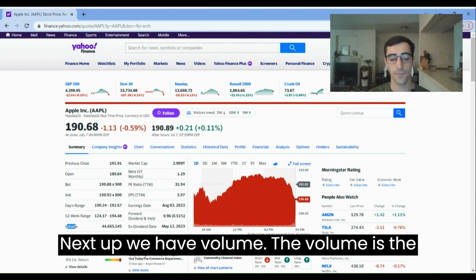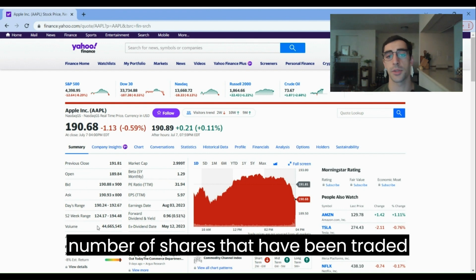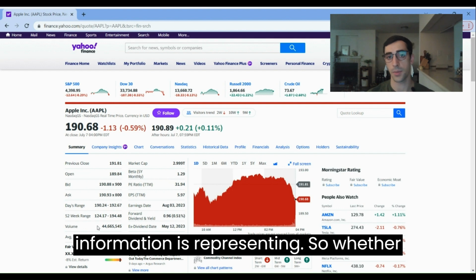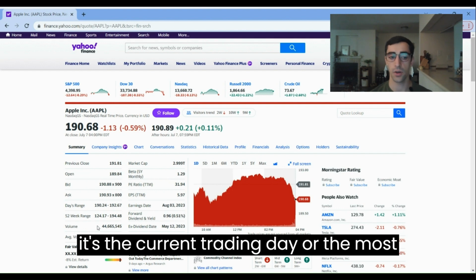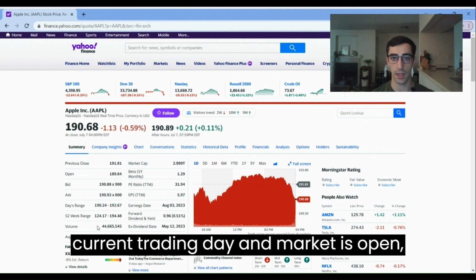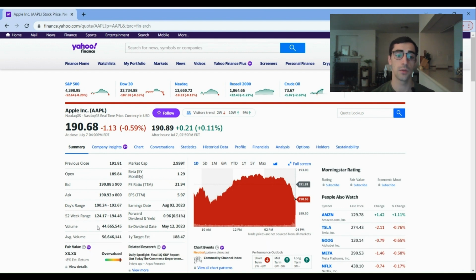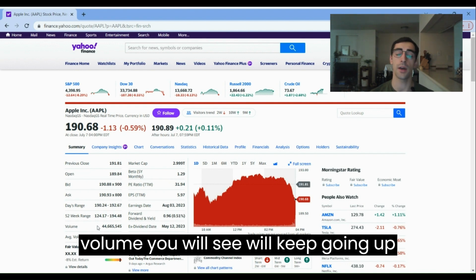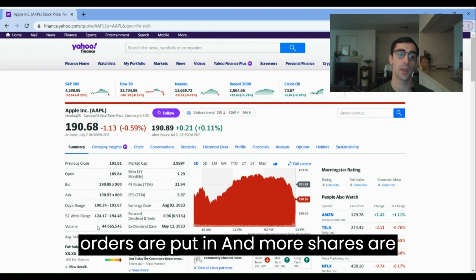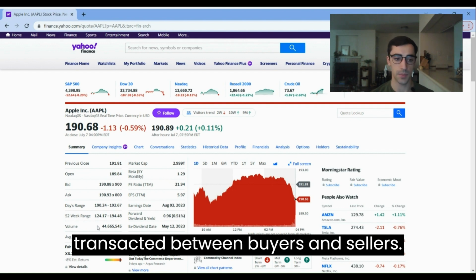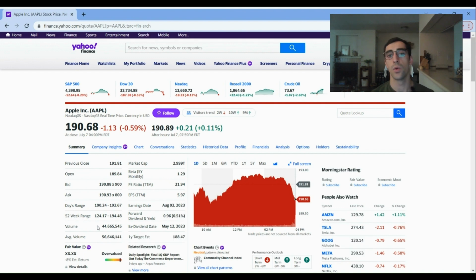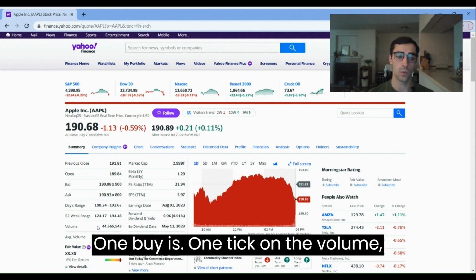Next up, we have volume. The volume is the number of shares that have been traded during the trading day that this information is representing. So whether it's the current trading day or the most recent trading day. Now, if this is a current trading day and market is open, volume you will see will keep going up because as more and more orders are put in and more shares are transacted between buyers and sellers, this number keeps counting as one buy is one tick on the volume.